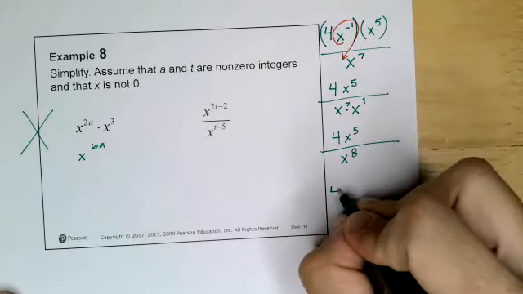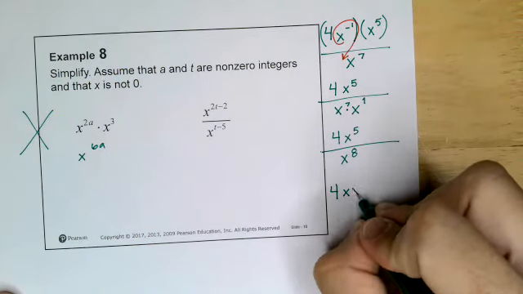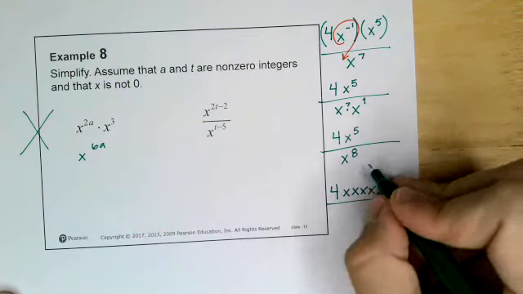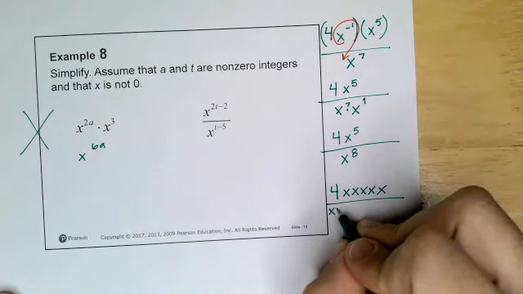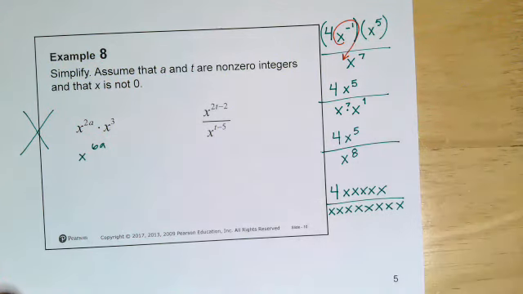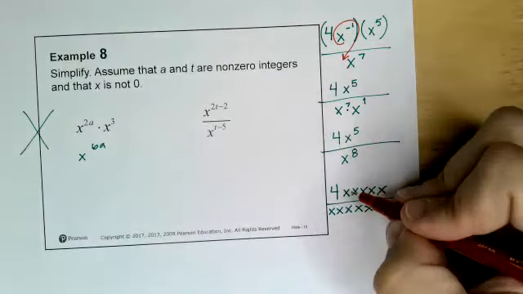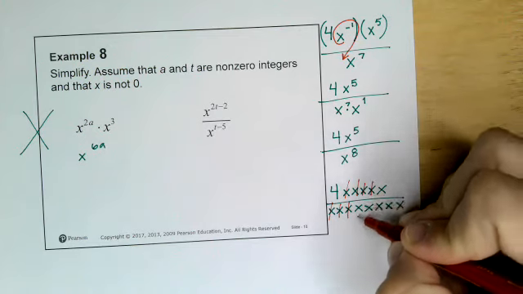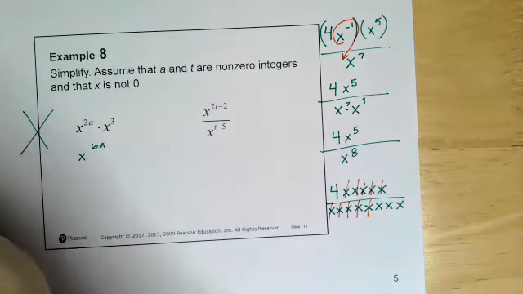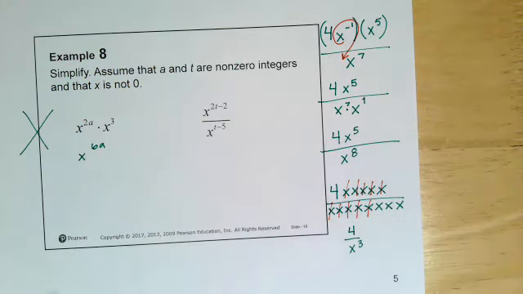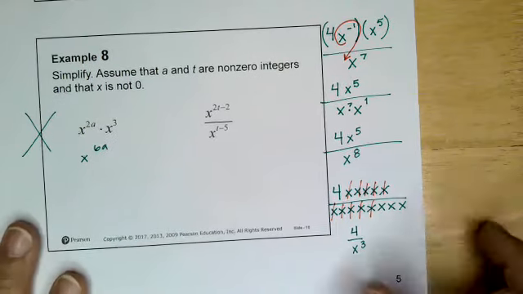Or I can say 4, and then I can draw 5 x's, 1, 2, 3, 4, 5, an elimination method. Then I'll write 8 x's here, right? And then you can just cancel them out. So now I have 4 over x to the third. If that seems faster to you, you are welcome to do it that way. And you could do that with everything.